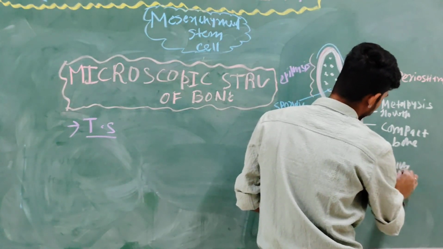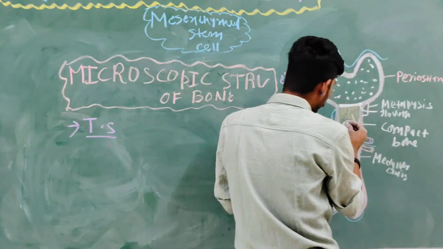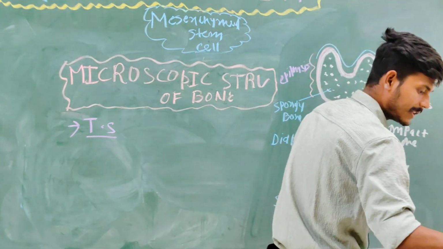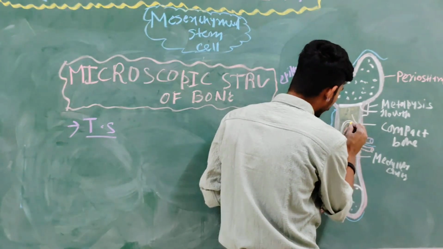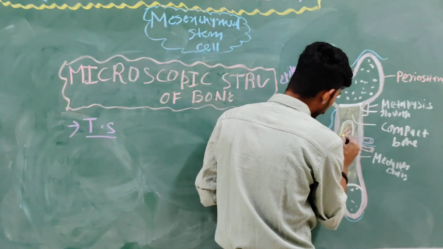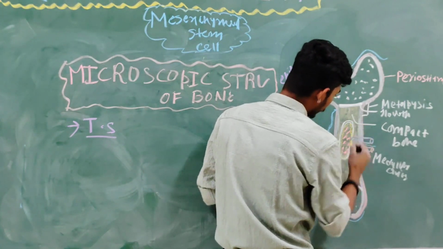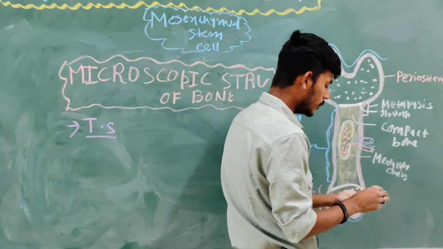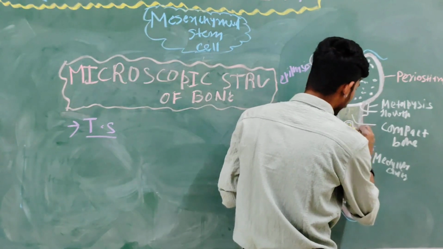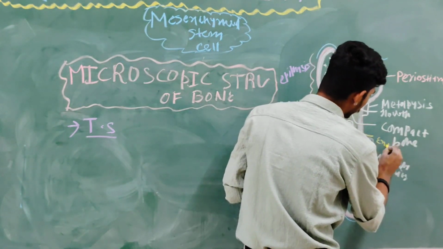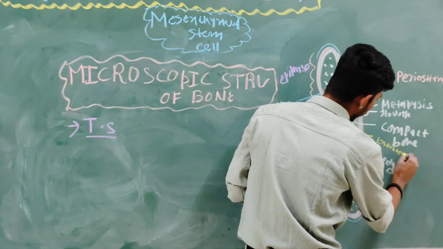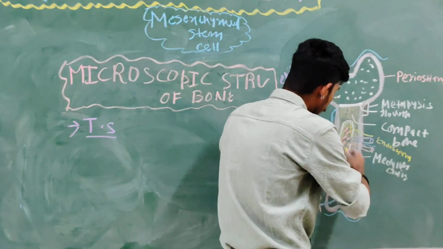This medullary cavity is lined internally by one membrane, and this yellow membrane is called the endosteum.